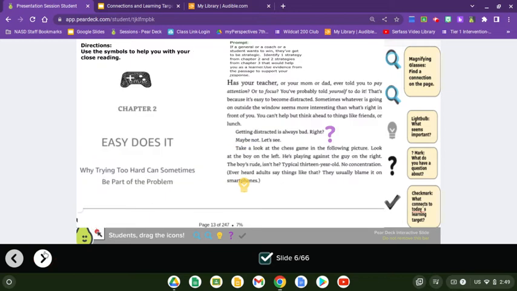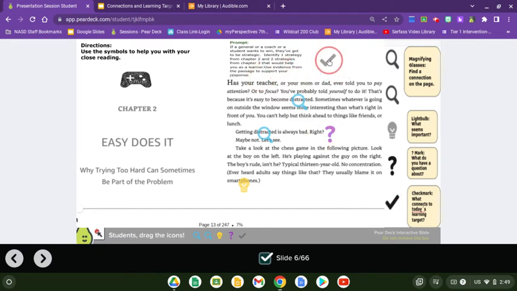Perfect. Easy does it. So what on this page, is there a connection between anything? Well, I can see already that there's a connection of words. I see distracted here and I see distracted there. Is there anything relating to me getting learning strategies together?